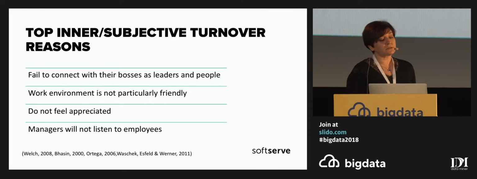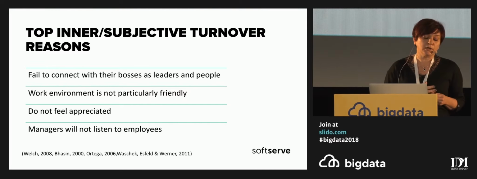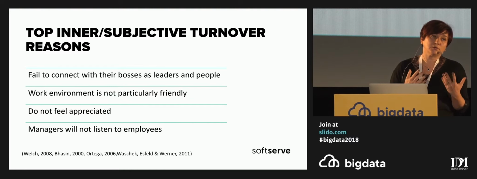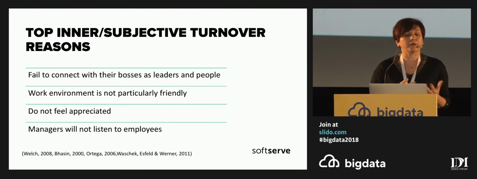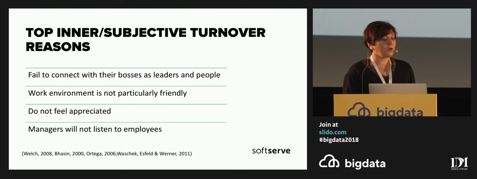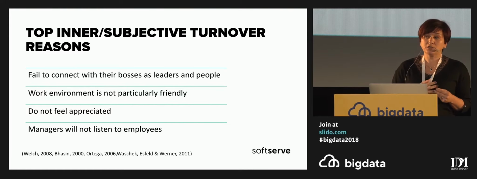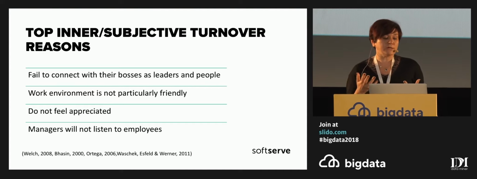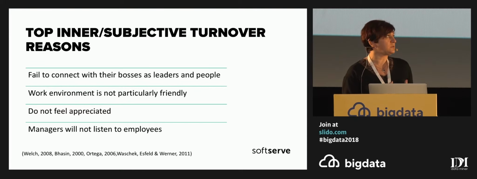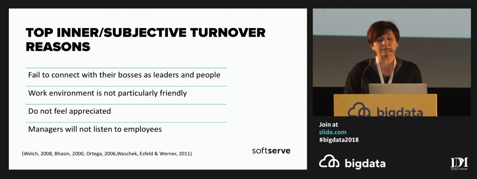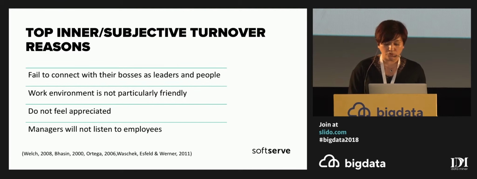Also, reasons related to the work environment, when the employee considers it unfriendly. Also, a very significant reason: when employees do not feel appreciated. And one more reason, when managers do not listen to the employee. These things are actually very hard to discover.